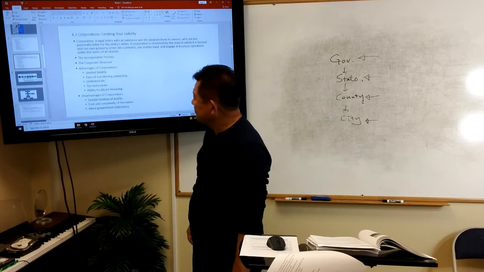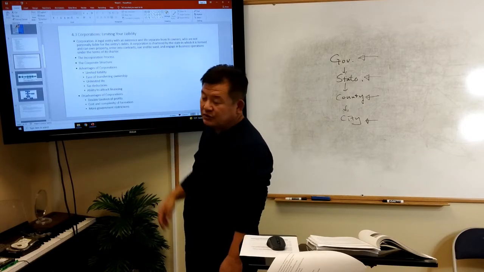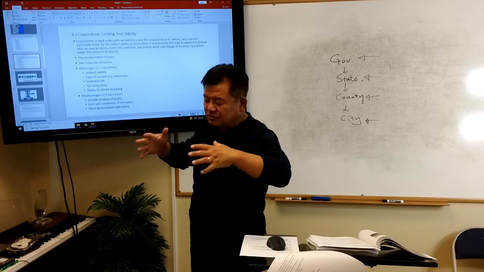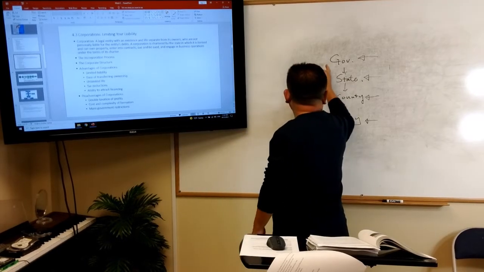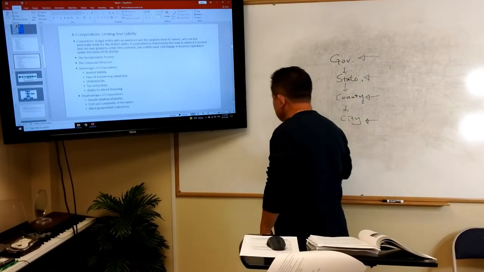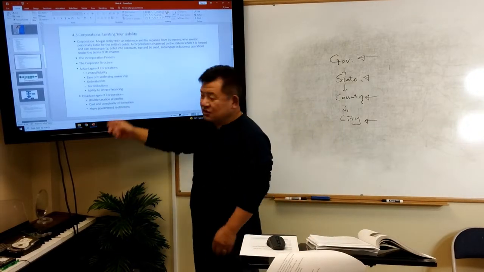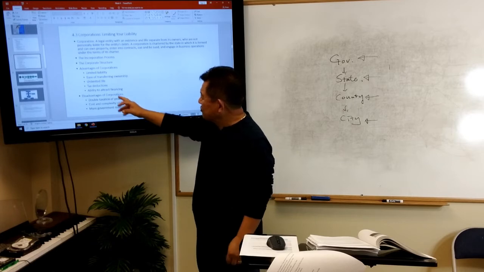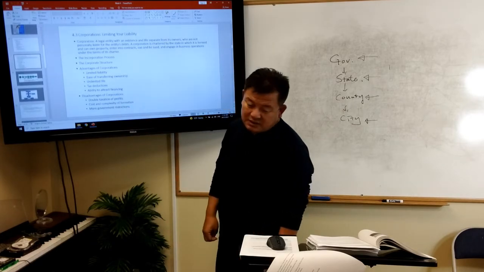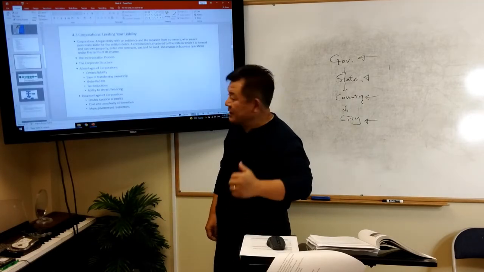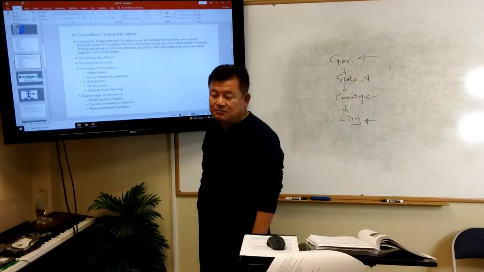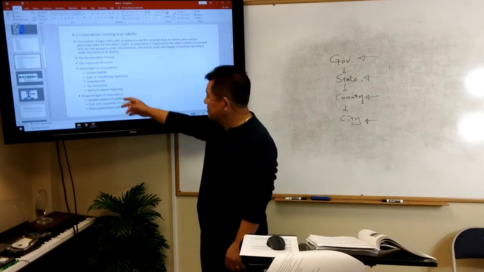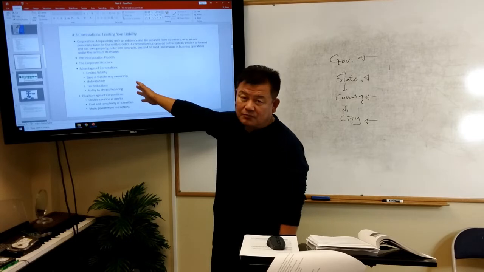And tax deduction. Because a corporation is charged tax by government, state, county, city, that's why tax deduction is an advantage. Ability to attract finance is a little easier, getting finance investment. This is the advantage of corporation.